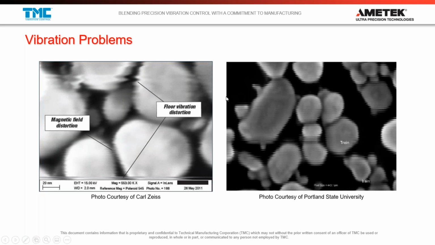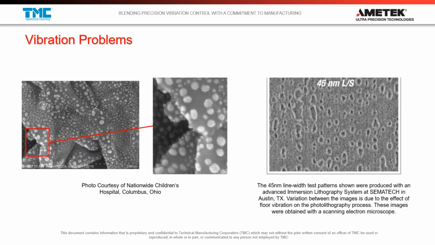That's a very telltale sign of floor vibration. It could be caused by other things, like magnetic fields. I have a magnetic field example as well, but these electron tools are also affected by magnetic fields, and we won't talk about that in this presentation.